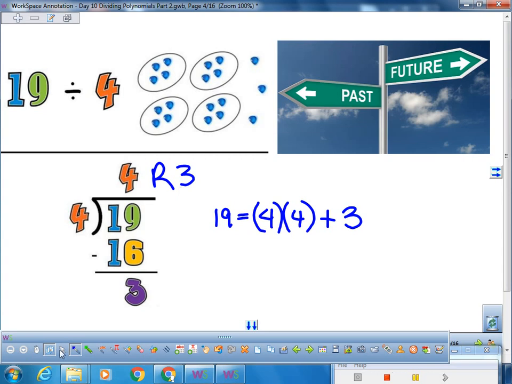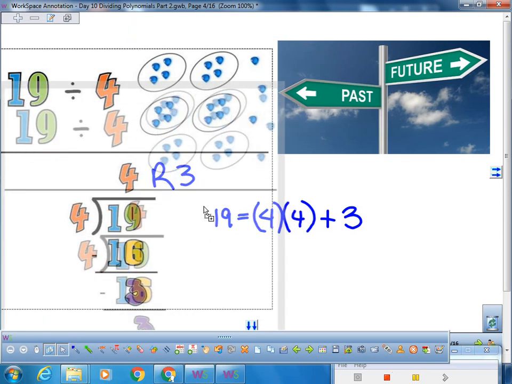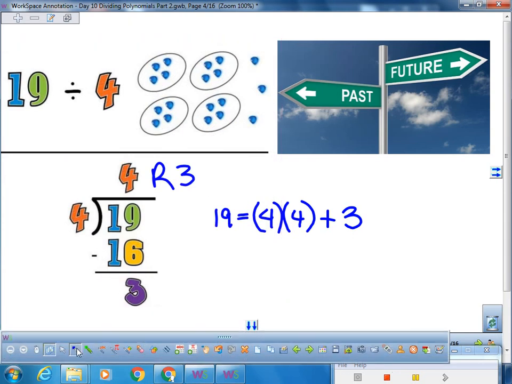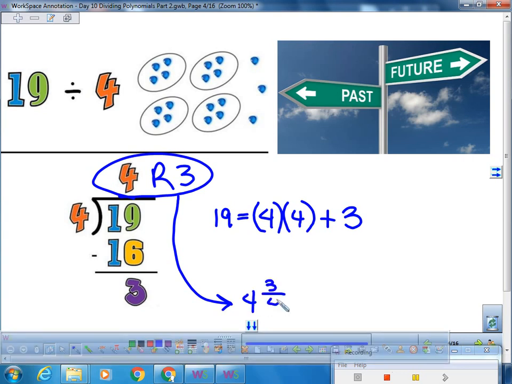Another way you could have written it, take this. Oh, my whole picture is going to move. Okay, another way you could have seen it would have been, take this, and put this over here. Another way you could have seen it was 4 with 3 out of 4 remaining, right? 3 out of 4 remaining.